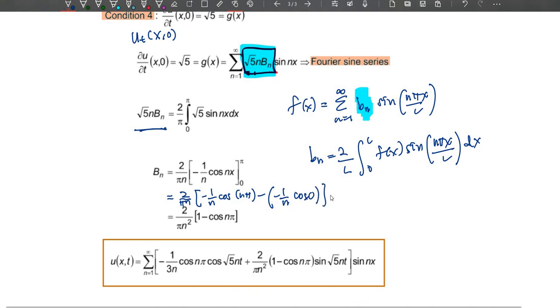So this one is going to be 2 over n pi, sorry, I'm used to n pi rather than pi n. So this one is going to be negative 1 over n cos n pi minus minus, so it is going to be plus 1. That's why it can be factorized into this. Okay, 2 over n pi, okay, pi n squared, 1 minus cos n pi.